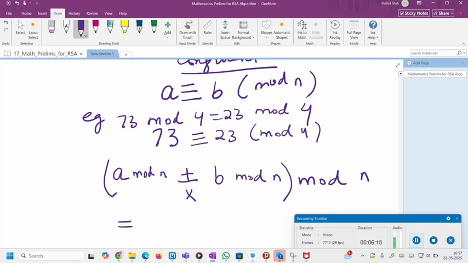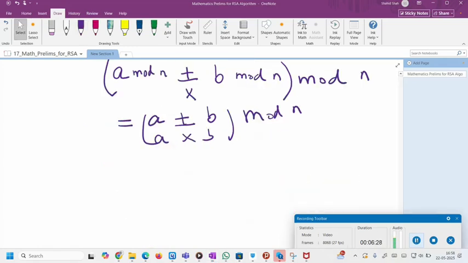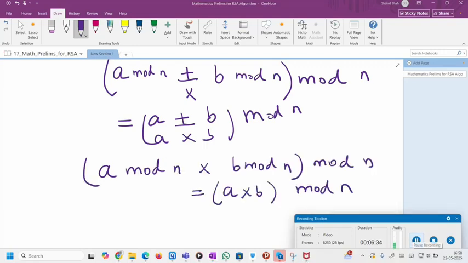So this will be equal to a plus b if you are adding, a minus b if you are subtracting, a times b if you are multiplying, but again modulo n. This is a very important property, especially the multiplication property, that is, a modulo n times b modulo n, whole modulo n, is equal to a times b modulo n.